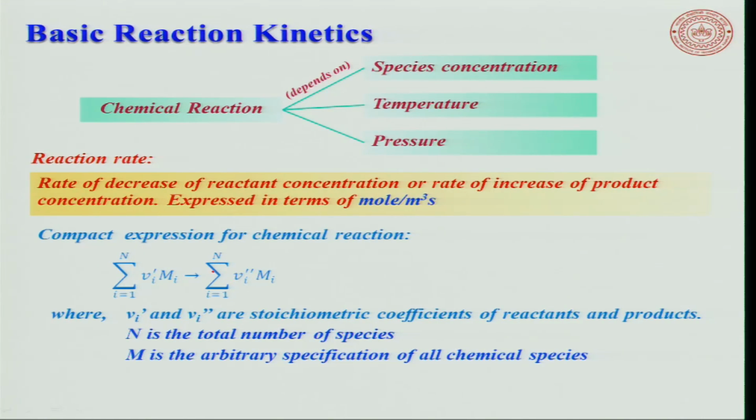Keep in mind that this is a summation over various species, i from 1 to n. Similarly, on the reactant side, i is equal to 1 to n, and v_i' and v_i'' are the stoichiometric coefficients of reactants and products. Of course, M is the arbitrary specification for all chemical species we are considering, but I will take an example and show you what it is.